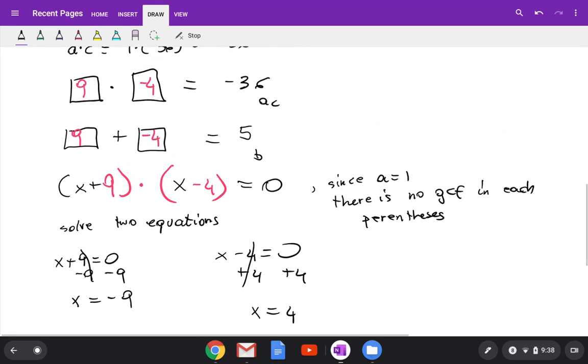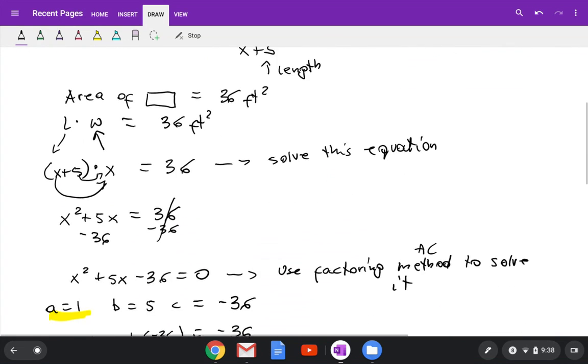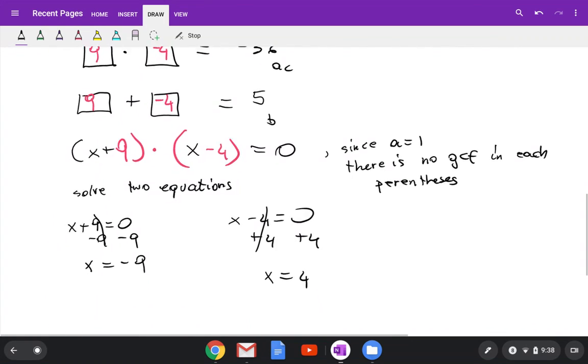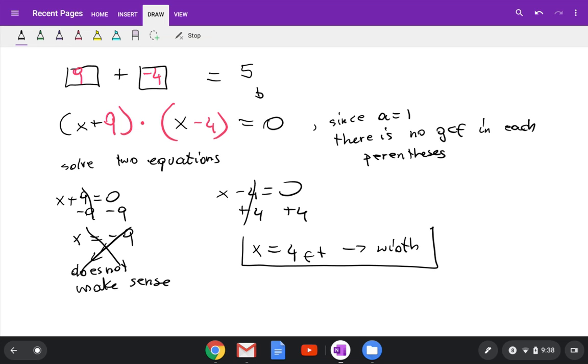So don't forget, x is the width of the rectangle. So this negative solution doesn't make sense in our problem because width can't be negative. So we're just going to ignore it. So x equal 4 makes sense. That means x is equal to 4 feet. That's the width of the rectangle. That definitely makes sense.